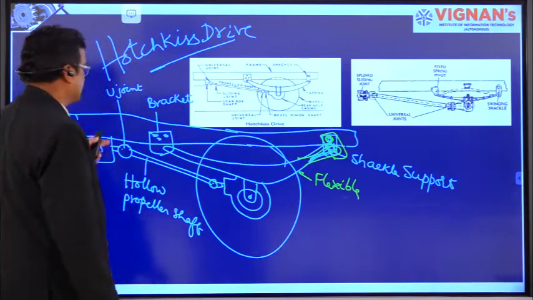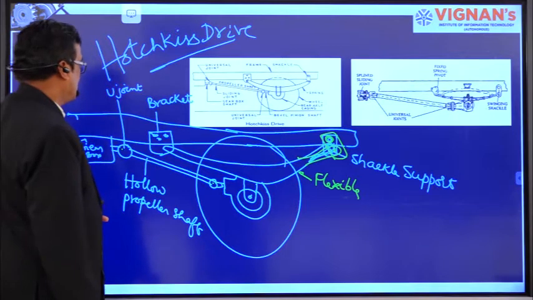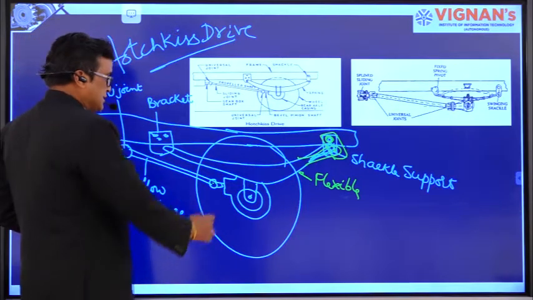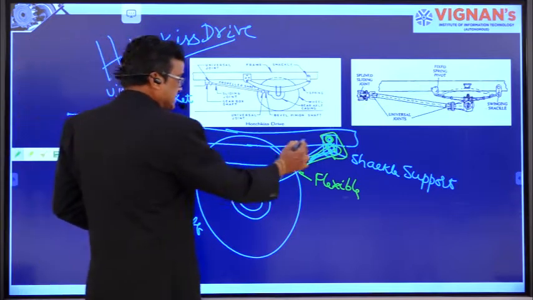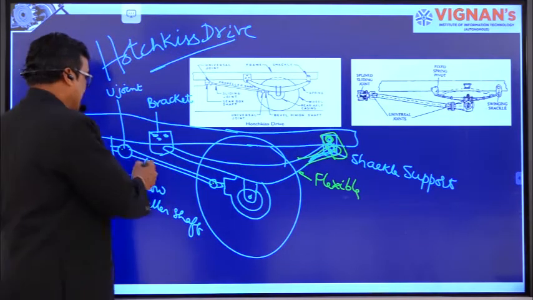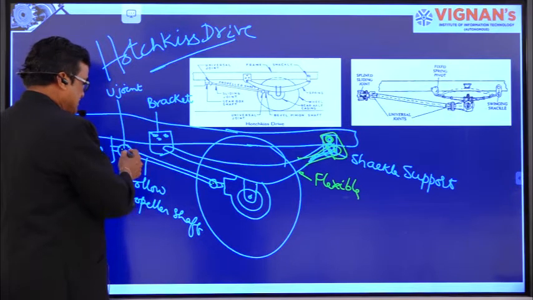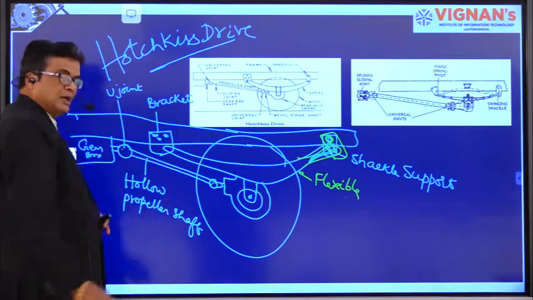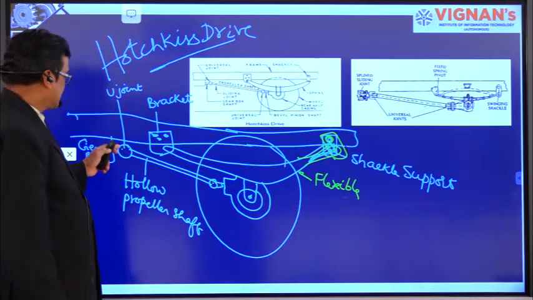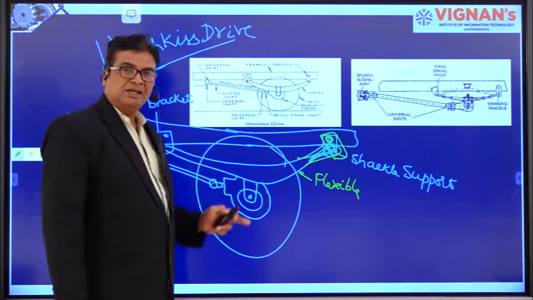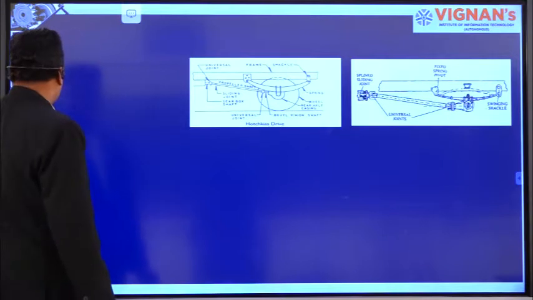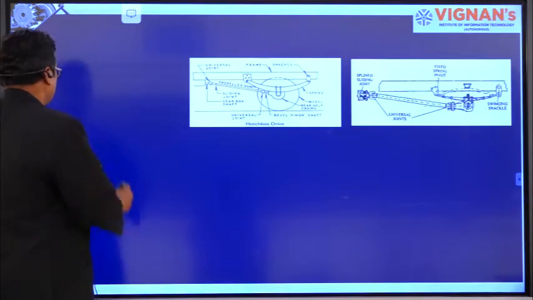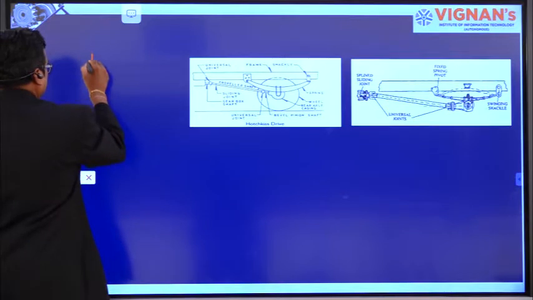That is the story of this Hotchkiss drive. So, in the Hotchkiss drive, the leaf spring arrangement is provided with bracket and shackle supports, and the propeller shaft is fixed with two universal joints, one fixed to the gearbox and another fixed to the differential assembly. The second one is torque tube drive, which is adopted in foreign vehicles.